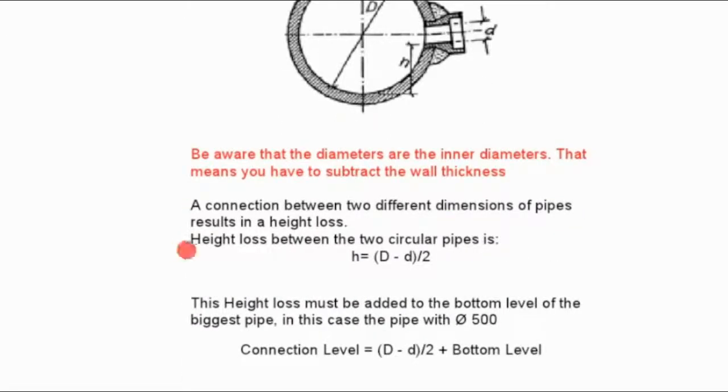The formula for finding the height loss between the two circular pipes is: height loss equals the inner diameter of the biggest pipe minus the inner diameter of the smallest pipe, divided by 2.